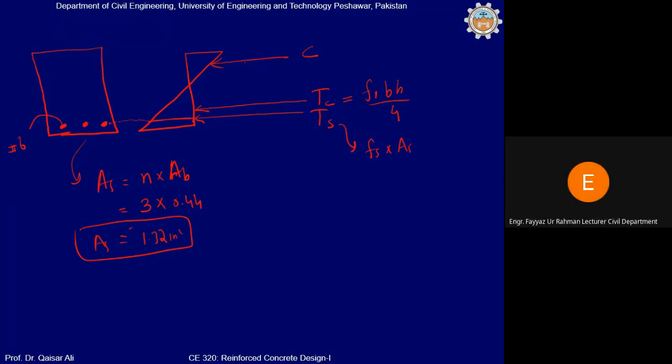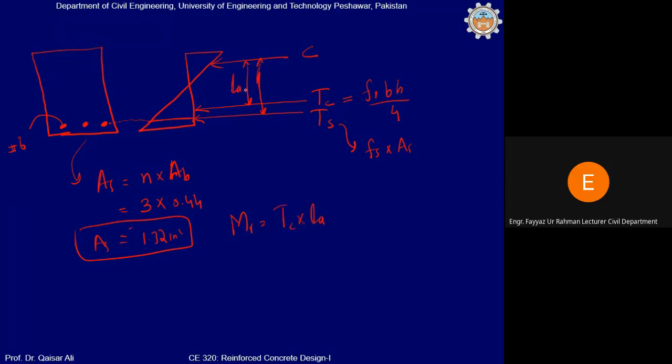So now from this you can also calculate the flexure capacity. In this case the flexure capacity will be equal to MR is equal to again GC multiplied by LA.